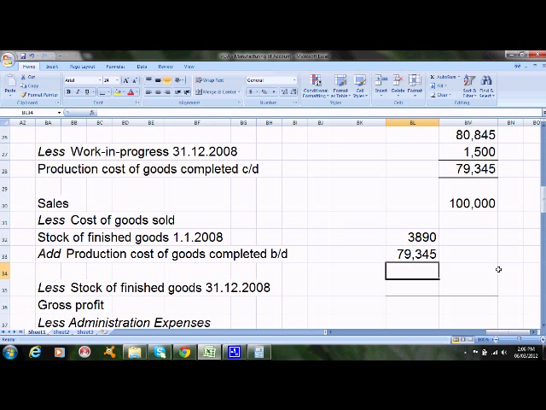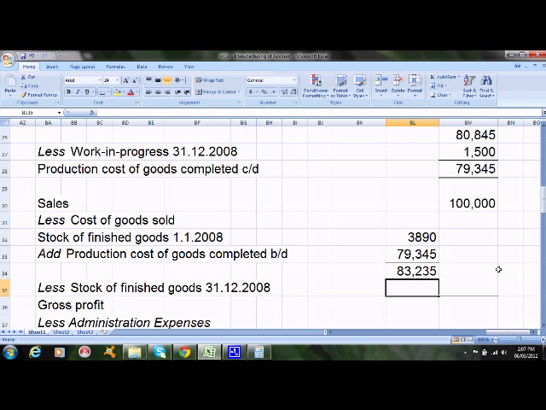When we add both figures, we get 83,235.